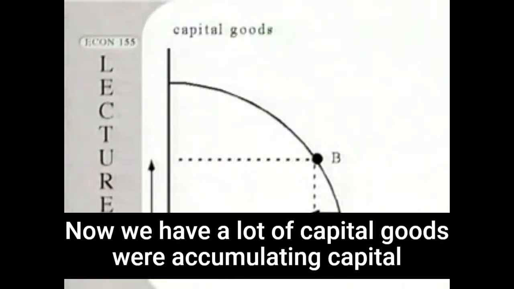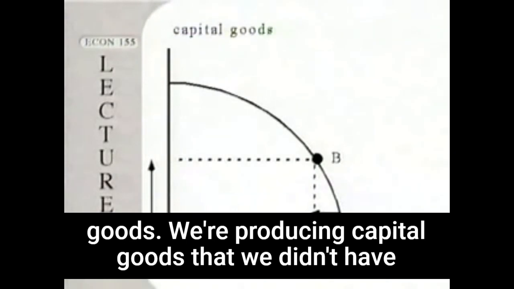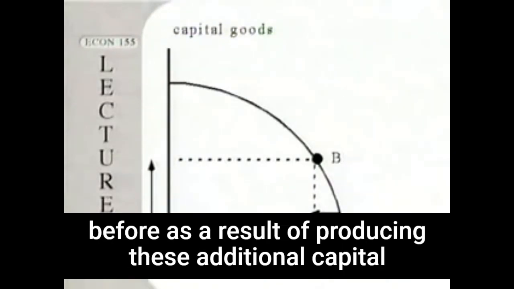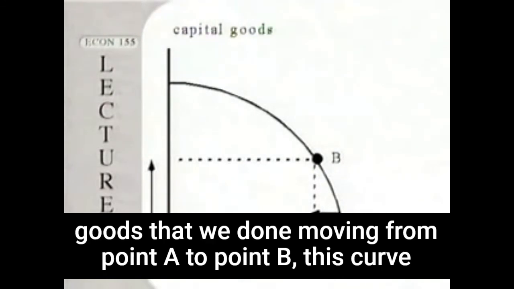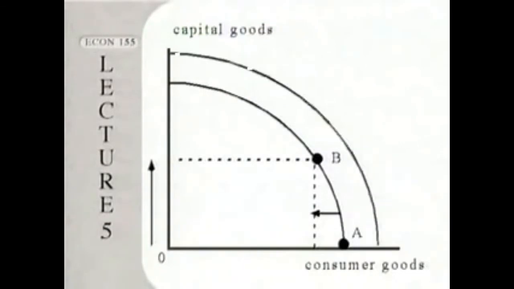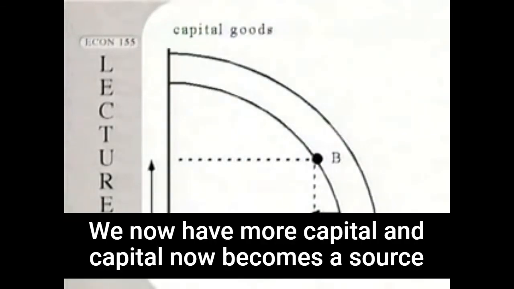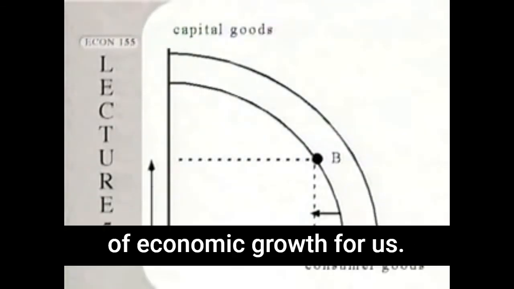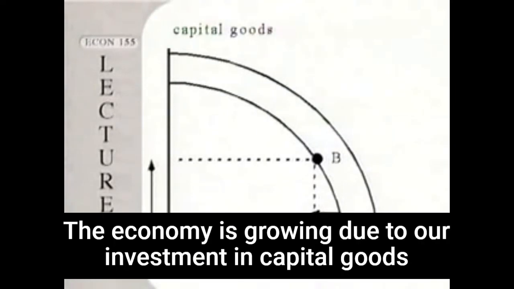We're accumulating capital goods. We're producing capital goods that we didn't have before. As a result of producing these additional capital goods that we've done moving from point A to point B, this curve shifts outward. We now have more capital, and capital now becomes a source of economic growth for us. The economy is growing due to our investment in capital goods.